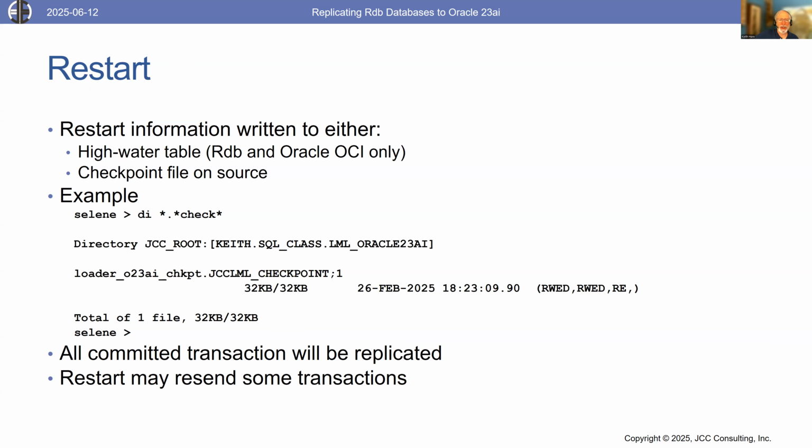What this allows us to do is to restart at the point of the failure. Now, it's possible for various reasons that a restart may resend some transactions. And so you need to understand that when you're designing the target database. But it's better to resend transactions than to miss transactions.